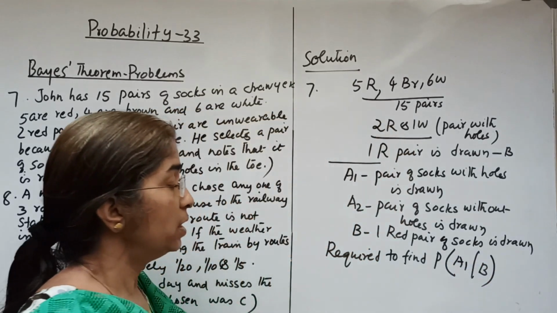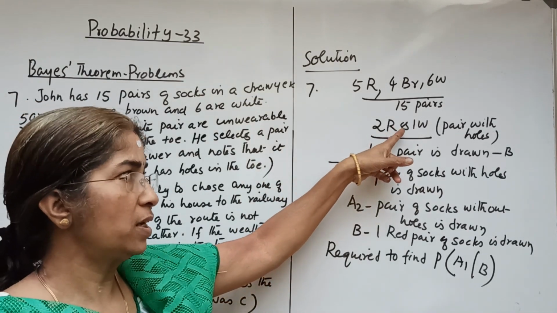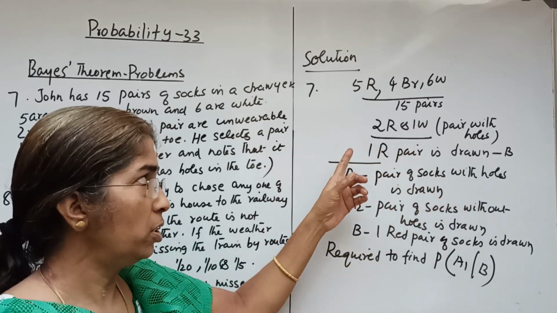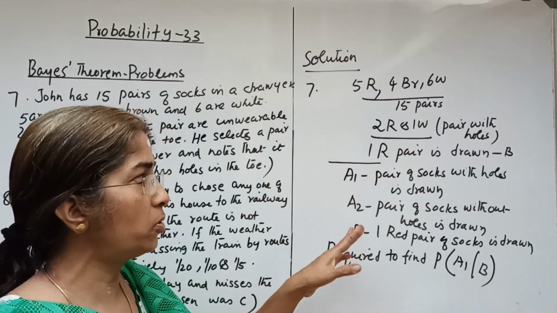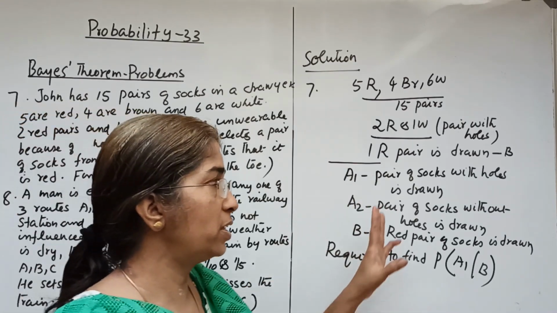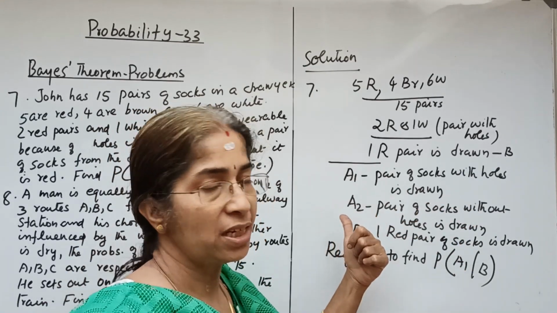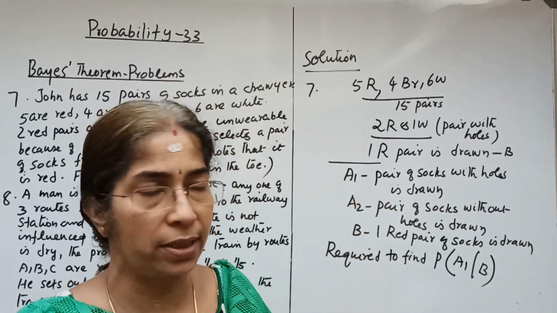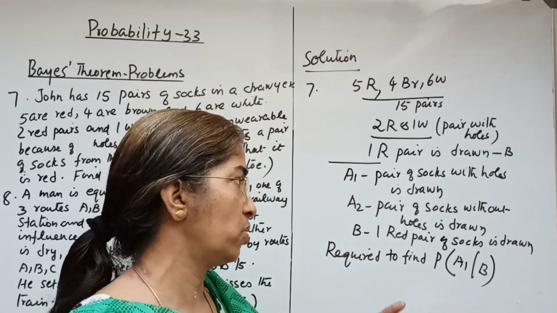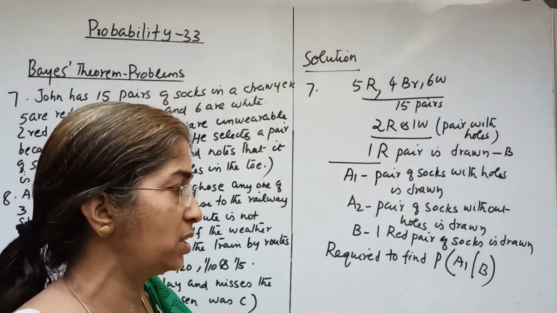So here it is important to note the point: 2 red pairs and 1 white pair are with holes in the toe, so the remaining are without holes in the toe, and 1 red pair is drawn. So let us consider it as B, and hence we consider the two alternatives as A1, a pair of socks with holes is drawn, and A2, a pair of socks without holes is drawn.